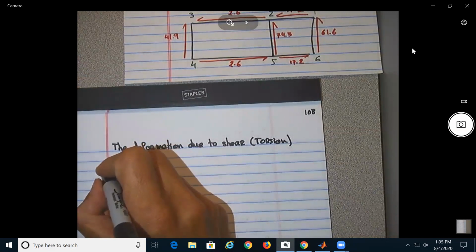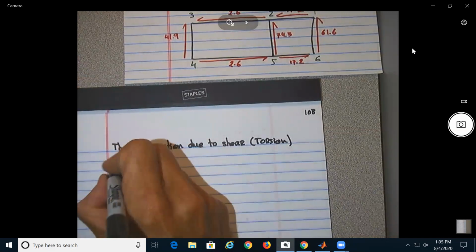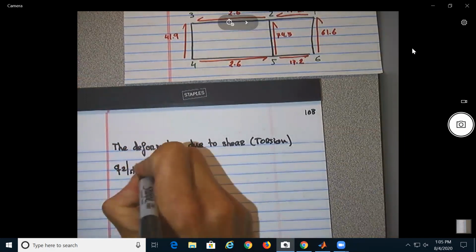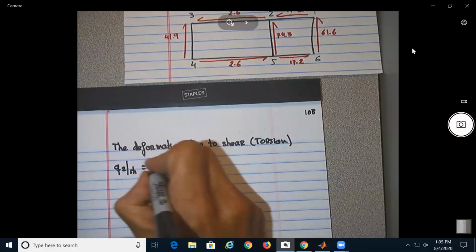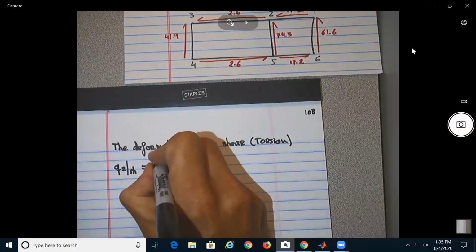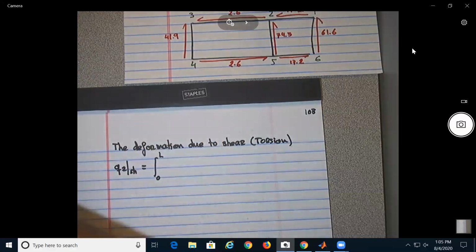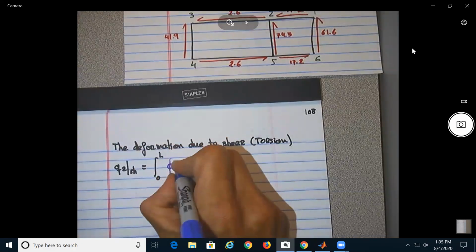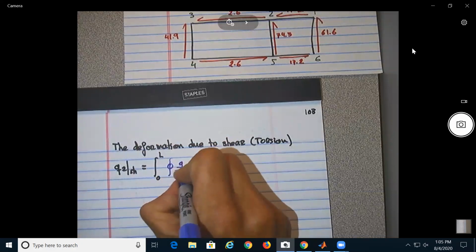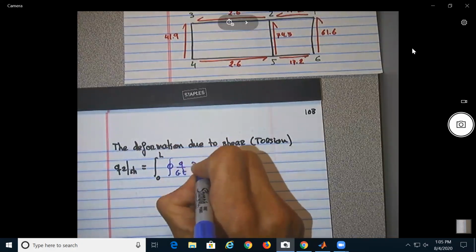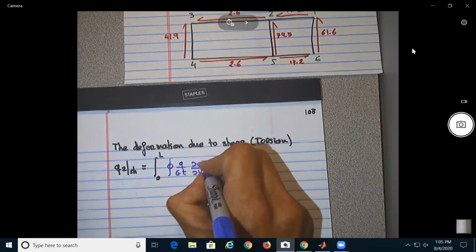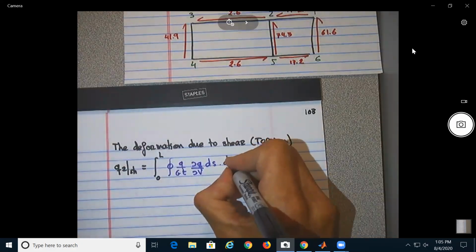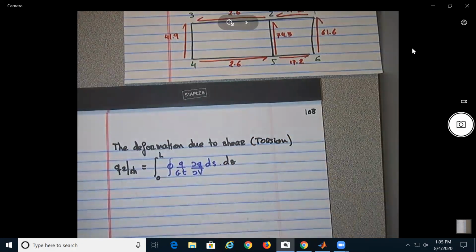So how do I call that expression? So Q to shear to be equal to the integral 0 to L of Q over GT partial Q partial V ds. And now this is dz.